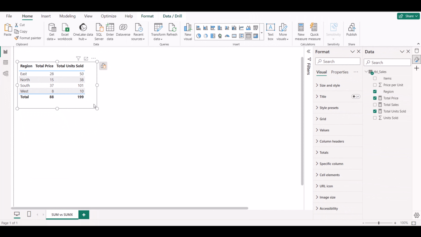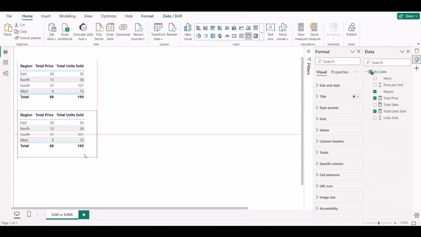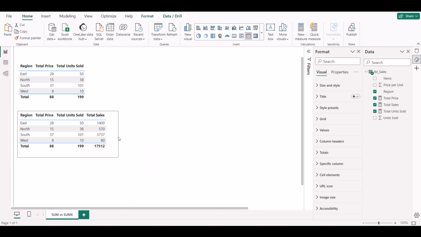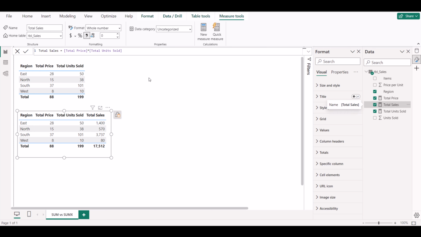I am duplicating the table, adding the total sales. Now if you look at the sales, it is exactly 8 times 10 equals 80, but that is not the case when you multiply the total price with the total units sold. Why?